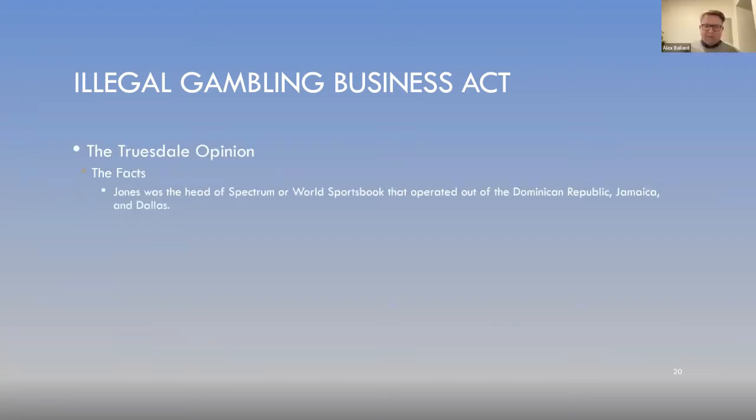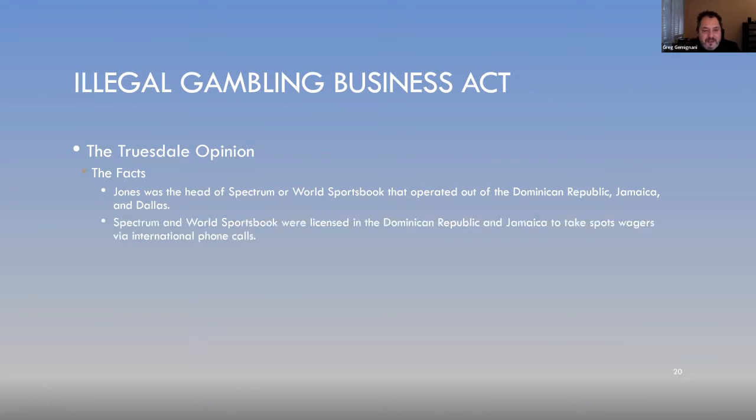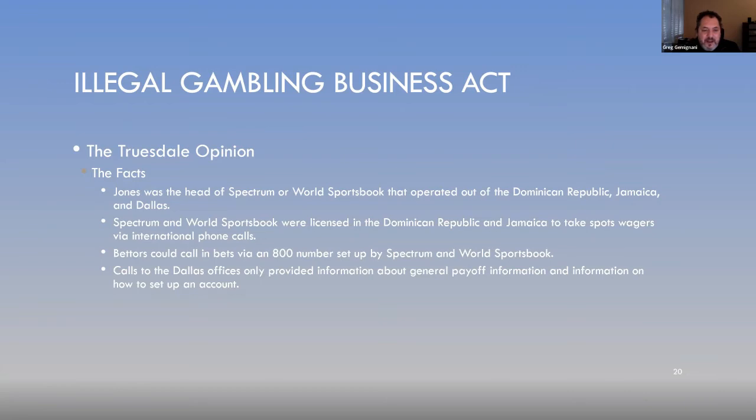So these guys run something called Spectrum or World Sportsbook. Originally, it's operated out of the Dominican Republic. Then it moves to Dallas, or I'm sorry, Jamaica. And these guys are operating out of Dallas. And while they were licensed to take bets in those jurisdictions via phone calls, it wasn't legal in Texas. So you could call an 800 number, you get set up. The Dallas offices would provide information about payoff information and information on how to set up an account.